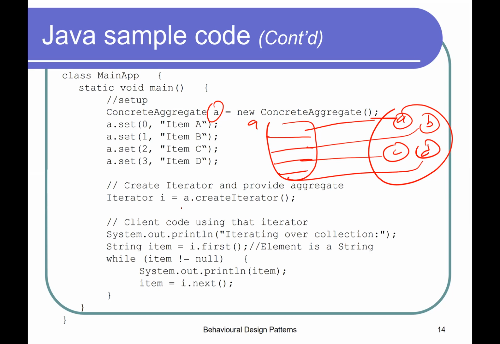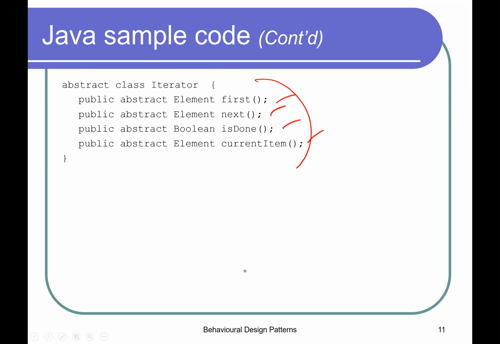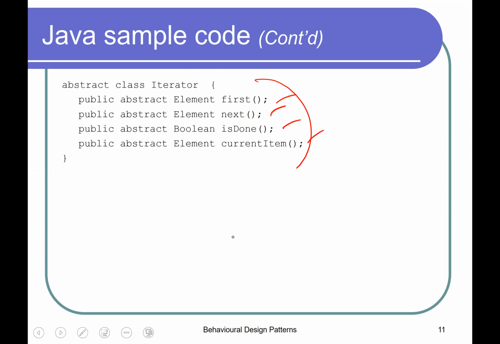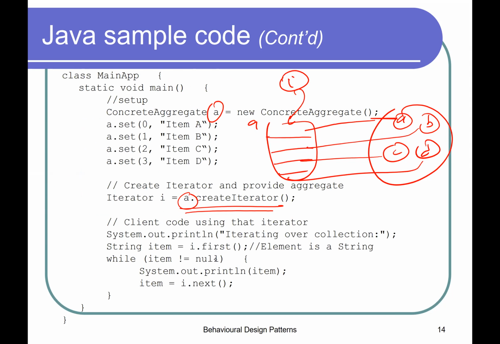And then I'm going to execute my create iterator. So I'm going to create an iterator. I'm going to give it myself. Okay, as we've said over here, where is it? Create iterator gives it itself to the iterator.